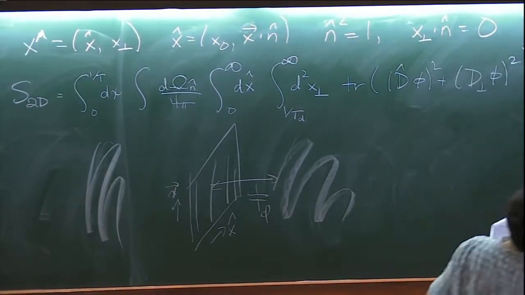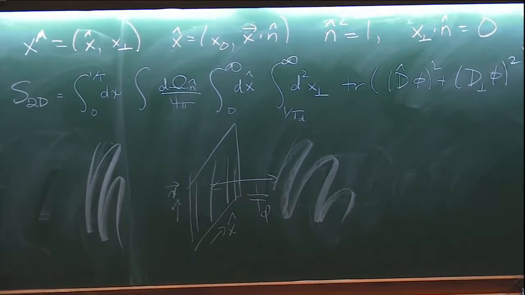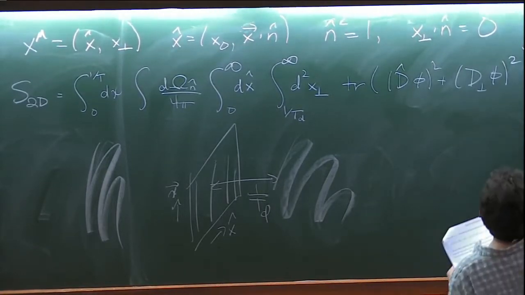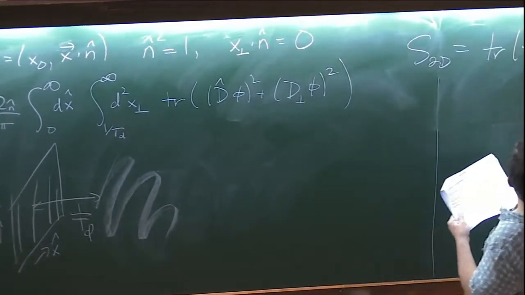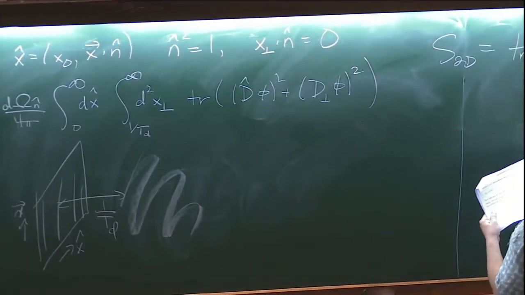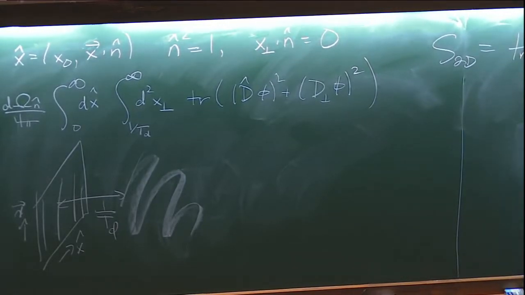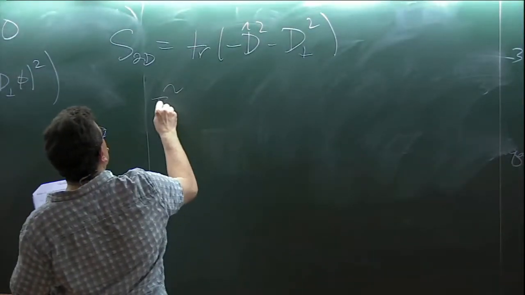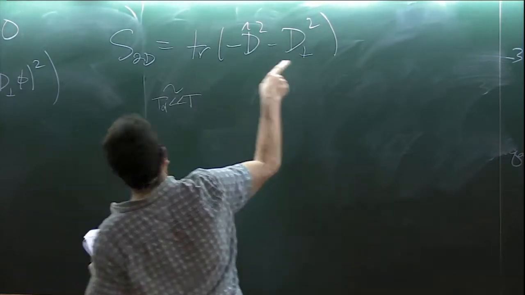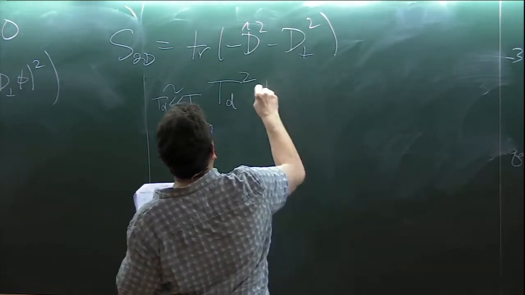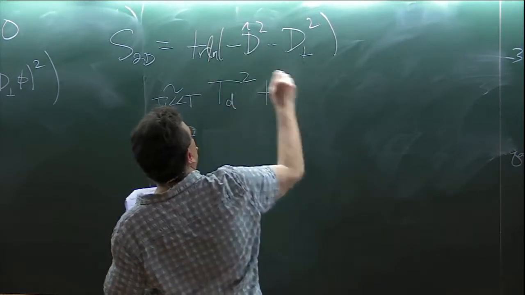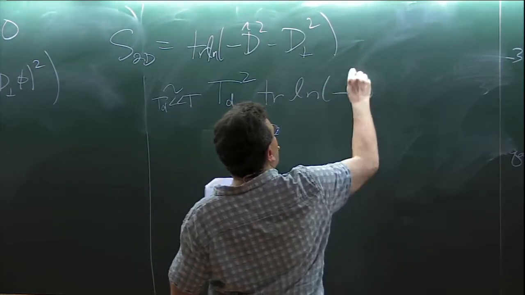And what we do, I'll just summarize the result, is we're going to assume that this TD is much less than T. So we're just going to drop the integration over d perp squared, and we get trace log of minus d hat squared.